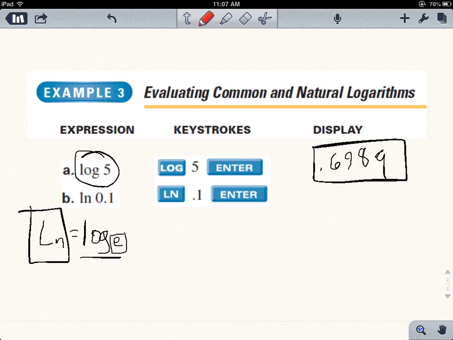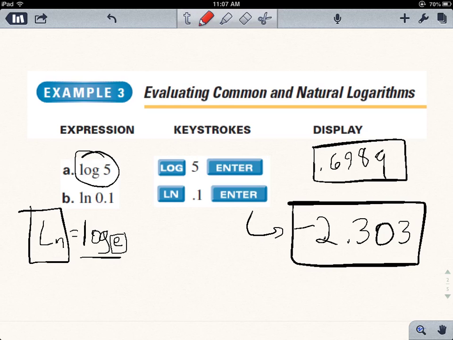So right below the log button is ln. ln of 0.1, enter. Then we end up with negative 2.303. And I rounded a little bit at the end there, in case yours doesn't look exactly like that.